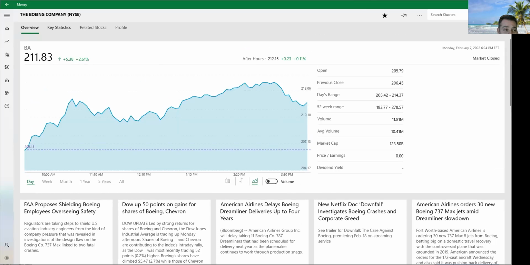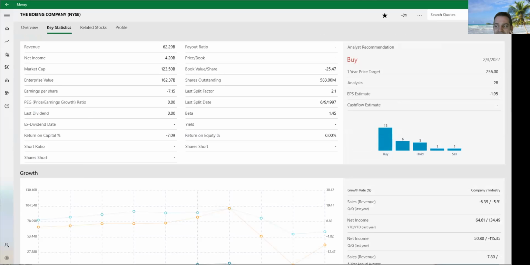If we really want to get to the nuts and bolts, we're going to click key statistics. And we take a look, and we're like, ooh, negative 4.2 billion. And I believe that's just for the year. These are the year numbers, and you may want to do your own research on that. But that's not a super good sign.